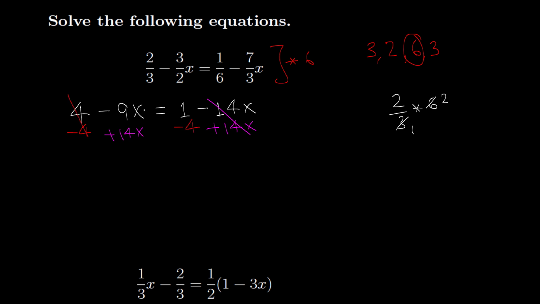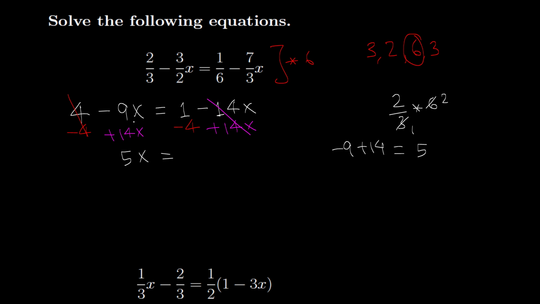So here is negative 9 plus 14. Negative 9 plus 14, what is that? It is a positive 5. So that's 5x. Okay, these are like terms because both contain x, so we can combine them this way.